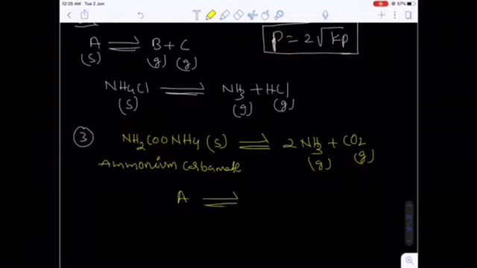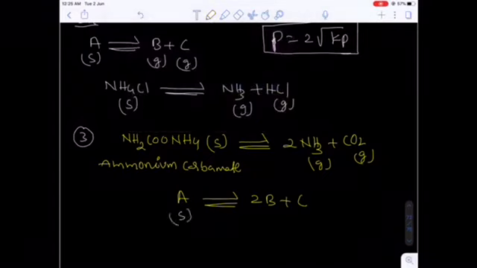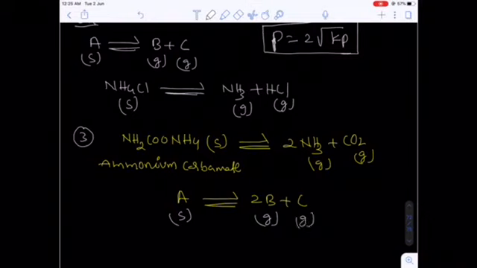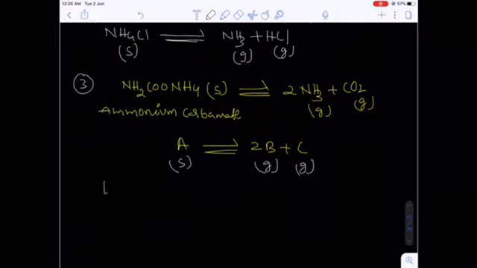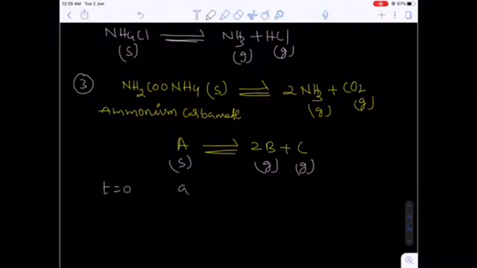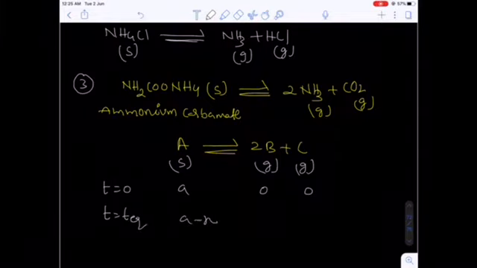Now here the general question is given like this. A gives 2B plus C. A is a solid, 2B and C. Otherwise B plus 2C, or 2B plus C. But the thing is the right side should be gases and the left side should be solid. Now here initially we are starting with A moles, 0 moles, 0 moles.